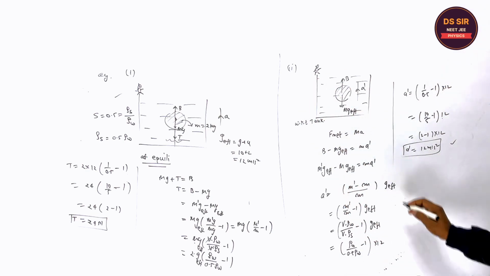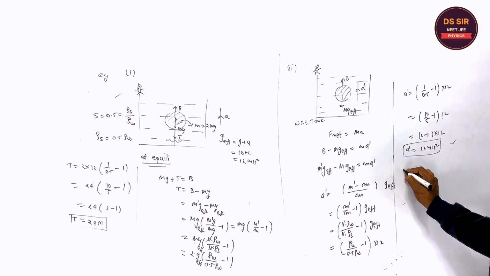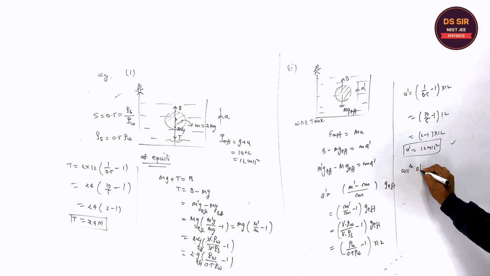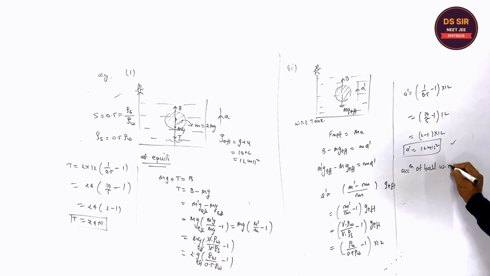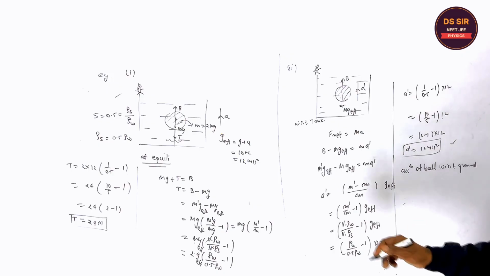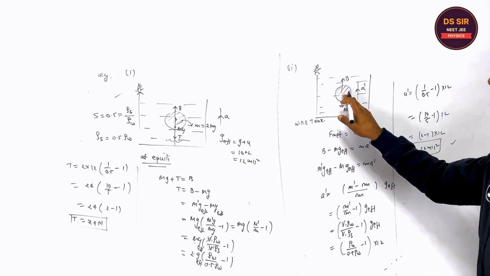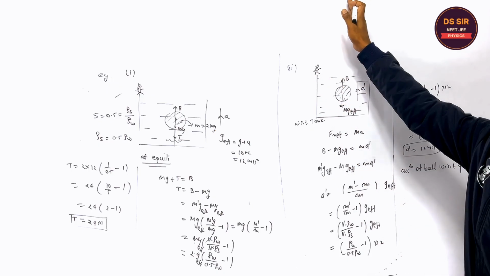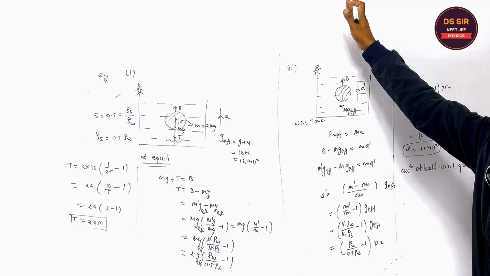This is asked in the question, but they may ask the acceleration of ball with respect to ground. If somebody asks the acceleration of ball with respect to ground, then what will you say? With respect to tank, the acceleration of ball is 12 meter per second square, right?